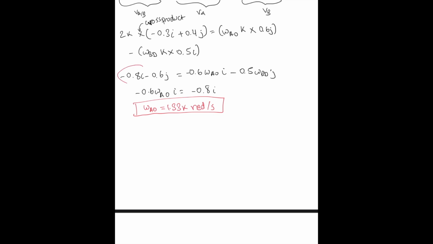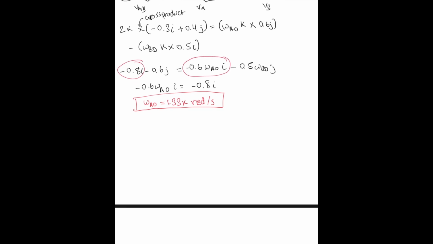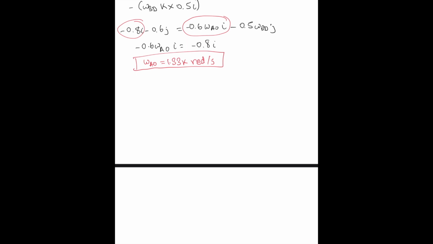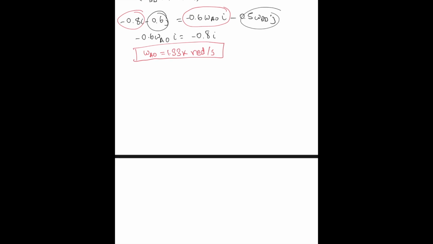Because we've collected the I terms here, and we're going to do the same thing to find the angular velocity of link BD by collecting the like terms of J. And that's going to be 0.6J is equal to minus 0.5 omega BD J, to get a final answer of the angular velocity of link BD, which is 1.2 k radians per second.